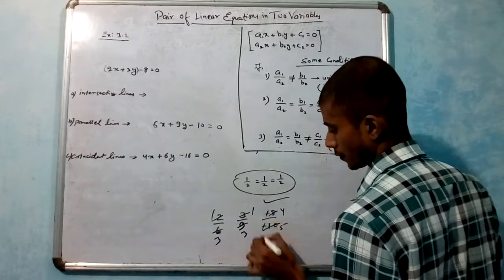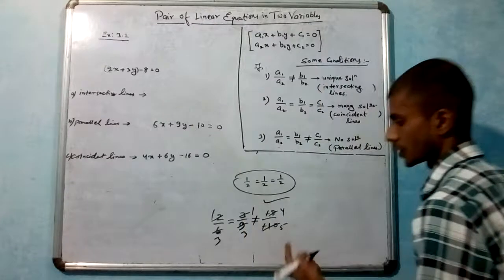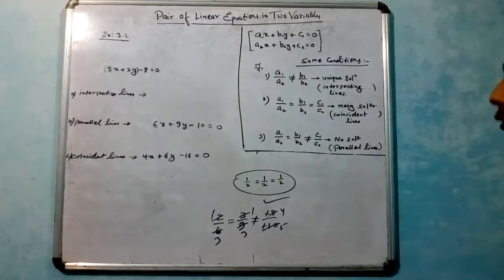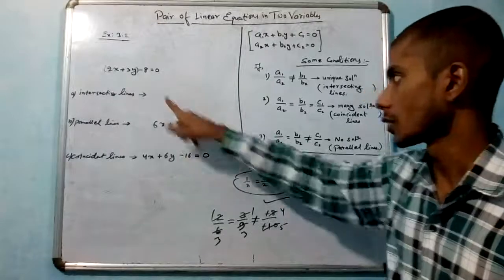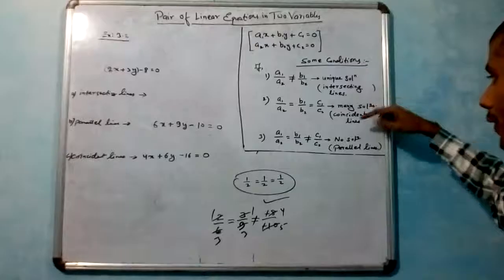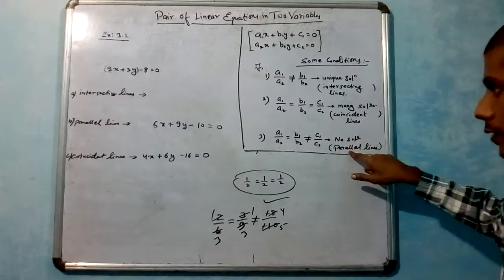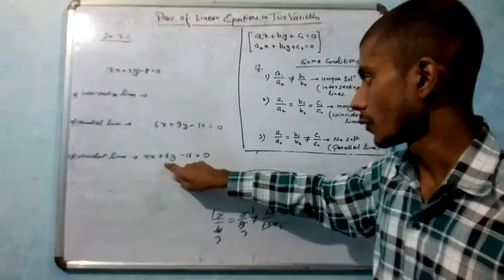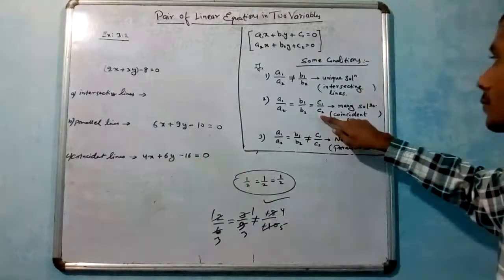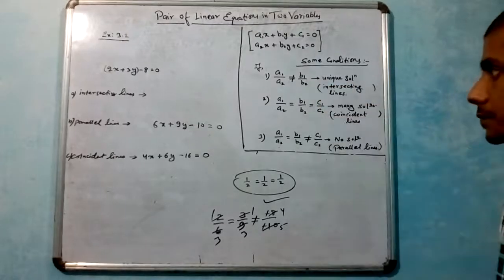So these two are equal and this is not equal to C1 by C2. So if we solve these on the graph, we will get parallel lines. If we solve the given one and the one we found, we will get no solution.